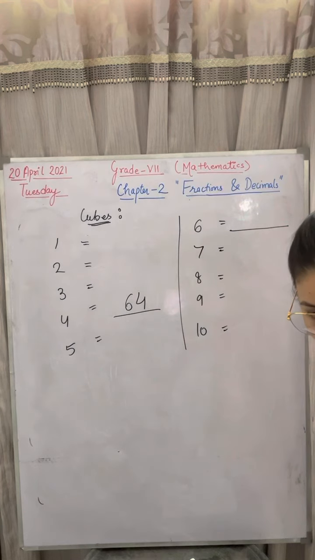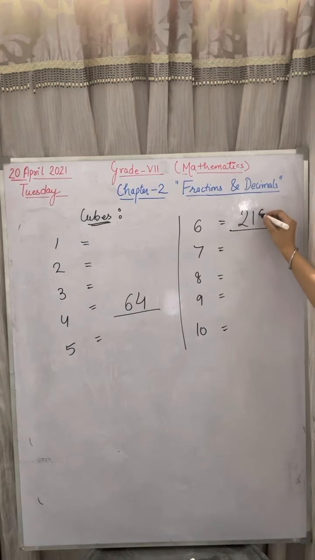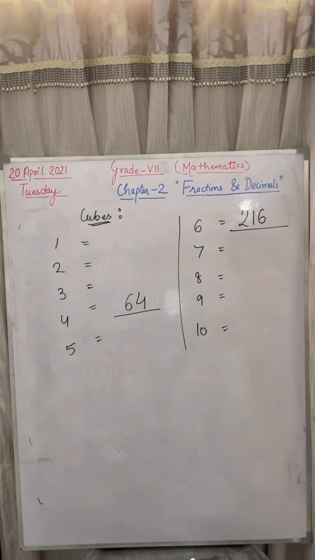Angel Goyal, Hazel, Kunal, Dhruv, very good. Ananya, answer is wrong. Prasan, nice. Saloni, Om, very good. Urvashi, very good. Jyoti Mam, very good. So your cube of 6 is 216. 6 6s are 36. 36 into 6, that is 216.